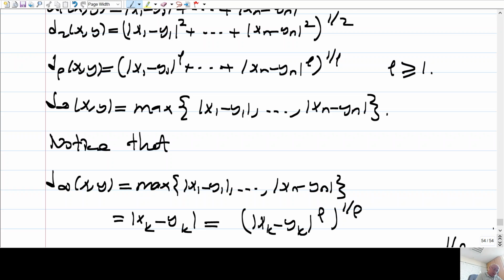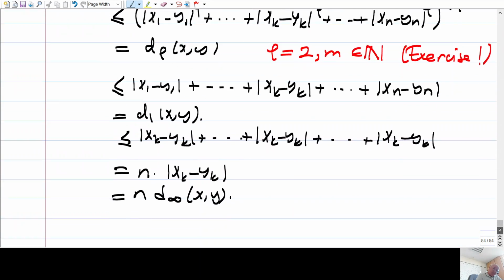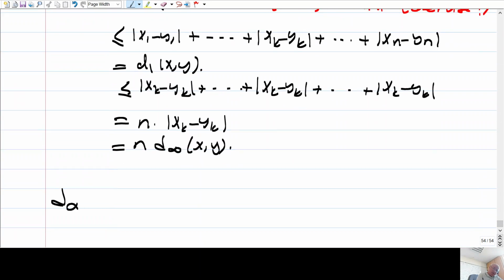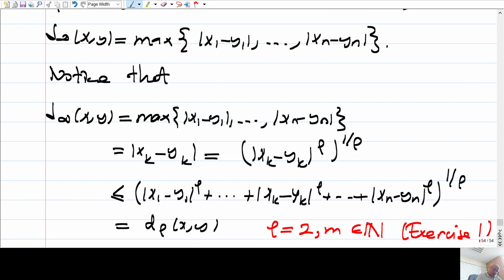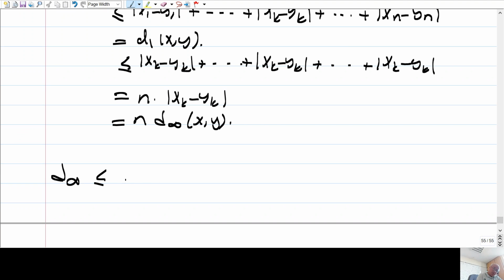I started with d infinity, which is less than d rho. D rho is less than d1, and d1 is less than n times d infinity.